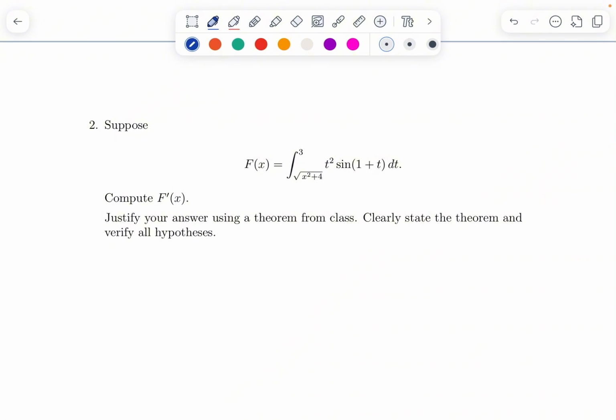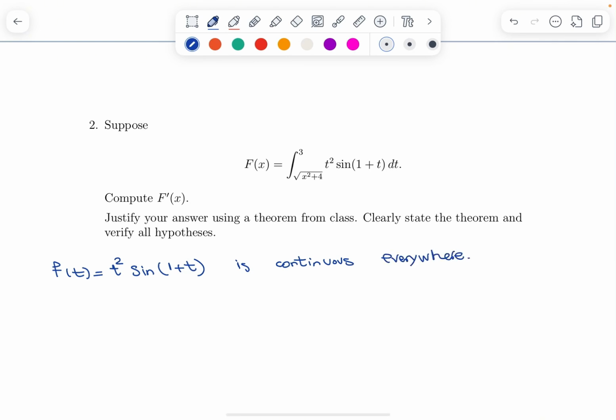So for this question, we must use the fundamental theorem of calculus part 1. Because as you remember, when we have a function in integral form, to find the derivative of that function, we must use FTC part 1. But to use FTC part 1, we need to make sure our integrand is a continuous function. So, in this case, f of t, which is t squared sine of 1 plus t, is continuous everywhere.